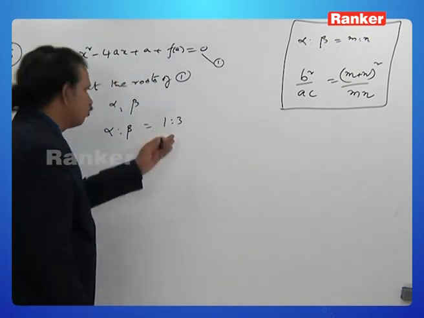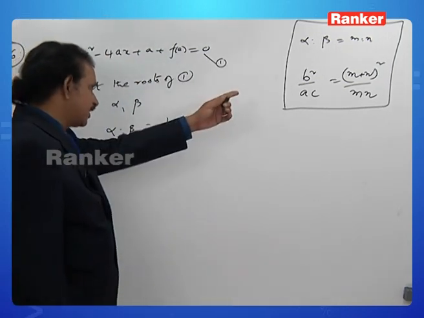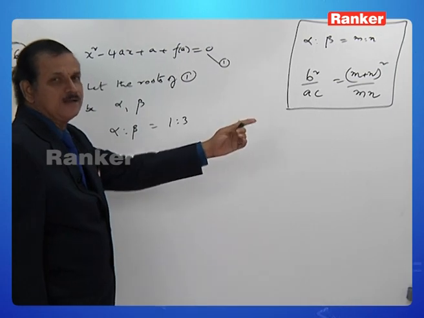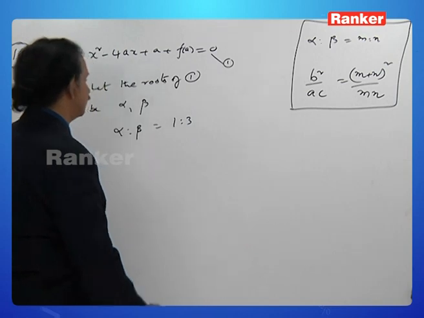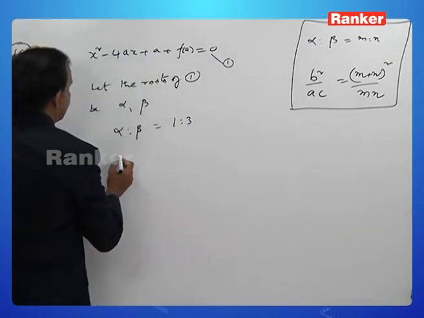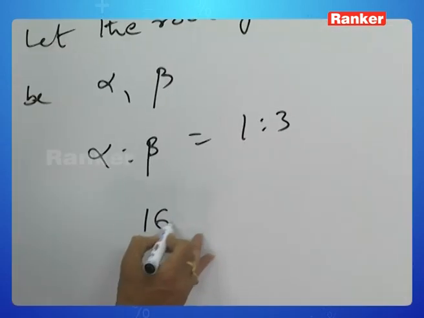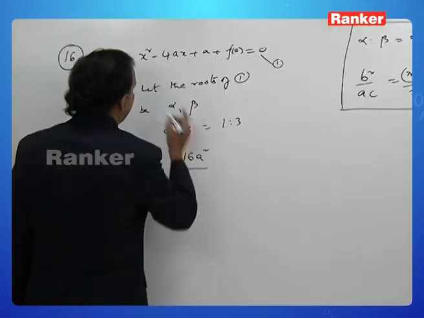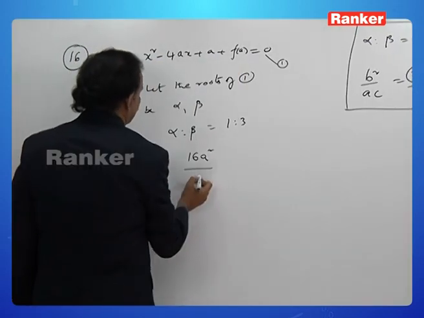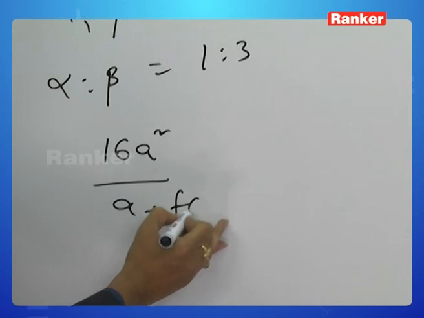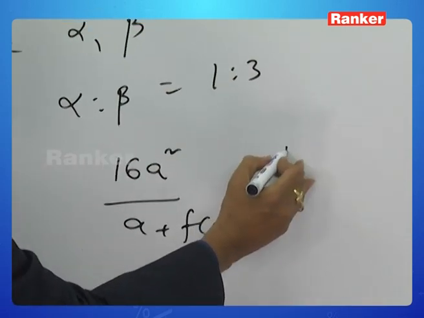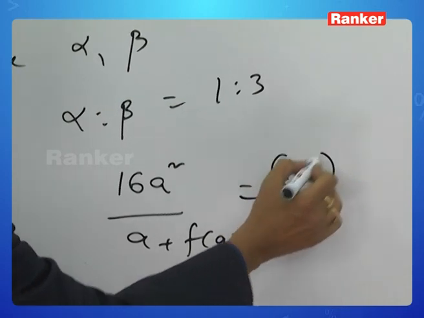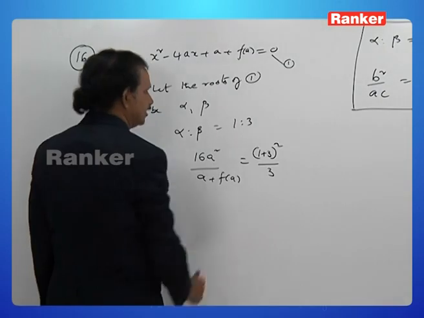Alpha is to beta is 1:3. So in the place of m and n, we have 1 and 3. What is b? b is nothing but minus 4a. b square means 16a square by 1 into this a plus f of a, which is equal to m plus n whole square, that is 1 plus 3 whole square by 1 into 3, which is 3.